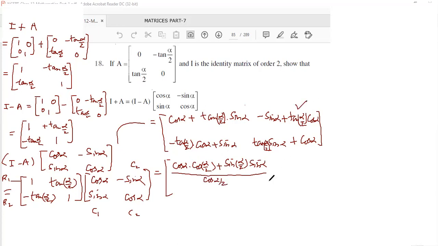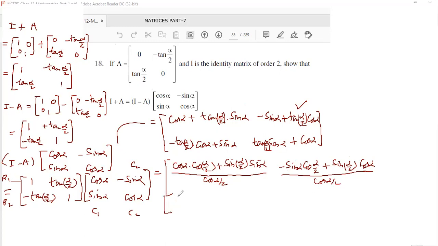Similarly, here also tan is converted into sin upon cos. So we get minus sin alpha into cos(alpha/2) plus sin(alpha/2) into cos alpha, and this whole term is divided by cos(alpha/2).